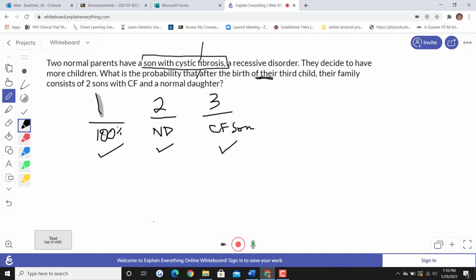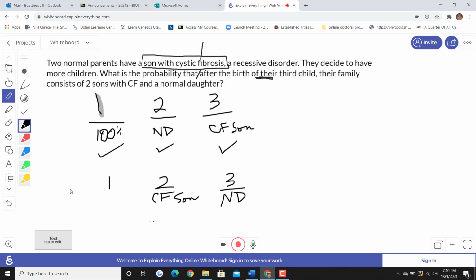But you could also have the first child have cystic fibrosis and be a son, the second child could be another cystic fibrosis son, and the 3rd child could be a normal daughter. So they're not specifying the exact birth order, so this one's a little harder.